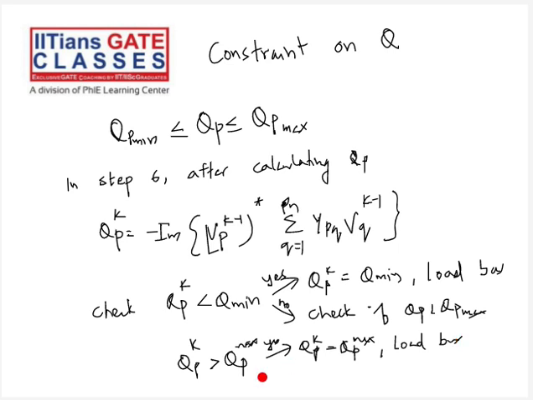And if it is no, this is fine, we just calculate and fix the VP value, right? So the idea is that if the reactive power constraint is violated, then we treat the bus as a load bus. If it is within the limit, we treat it as a PV bus. Is that clear?